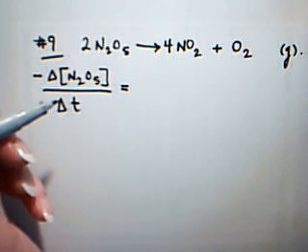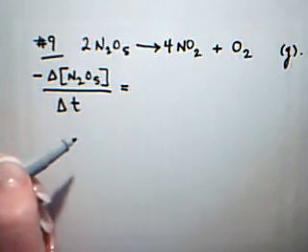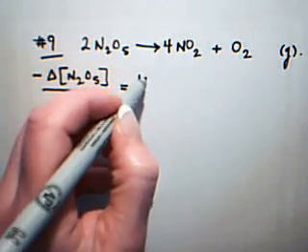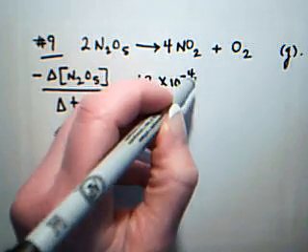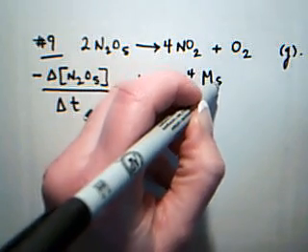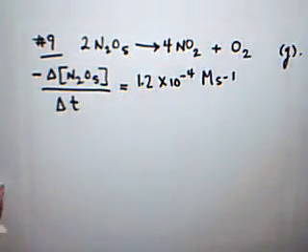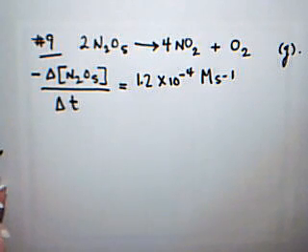And in number 9, they tell us that the rate of the consumption of N2O5 is 1.2 times 10 to the minus 4 moles per liter, or capital M, per second. And we are asked to find what is the rate of production of oxygen.